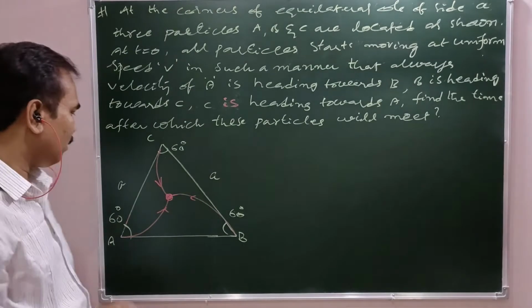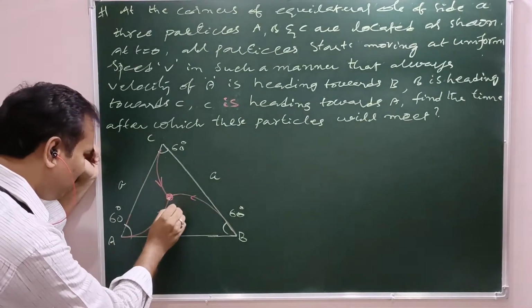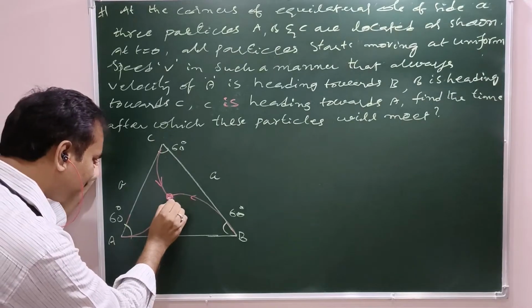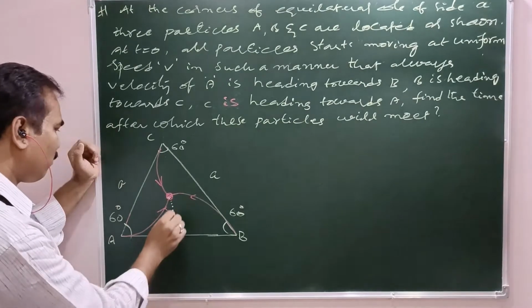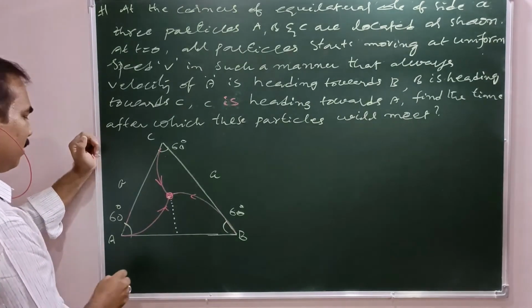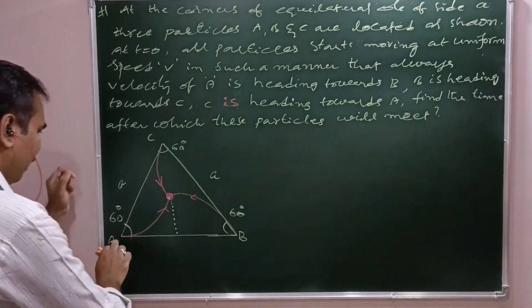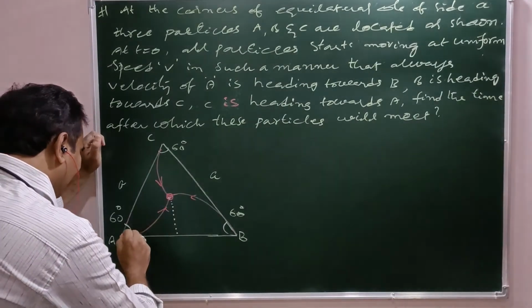Suppose I join this centroid onto this side line. Take one normal from this centroid onto side AB. Now join A with the centroid like that.